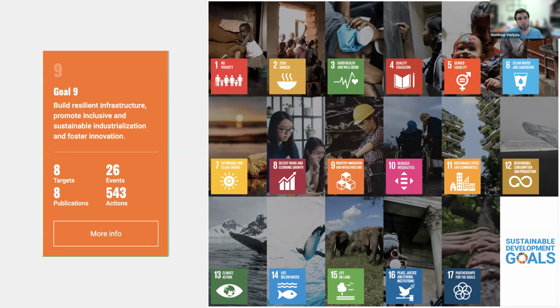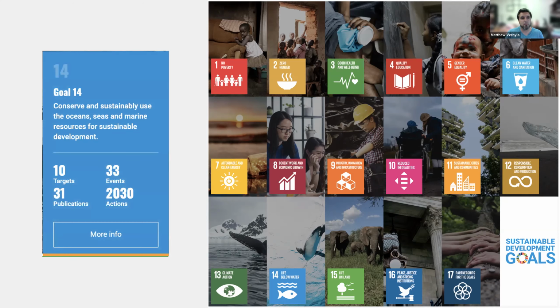Also goal number 9, build a resilient infrastructure, promote inclusive and sustainable industrialization, and foster innovation. And also goal 6, clean water and sanitation for all. So many of these goals have a very close connection to designing solutions for environmental problems. And that's what we're going to talk about throughout the course of this semester.